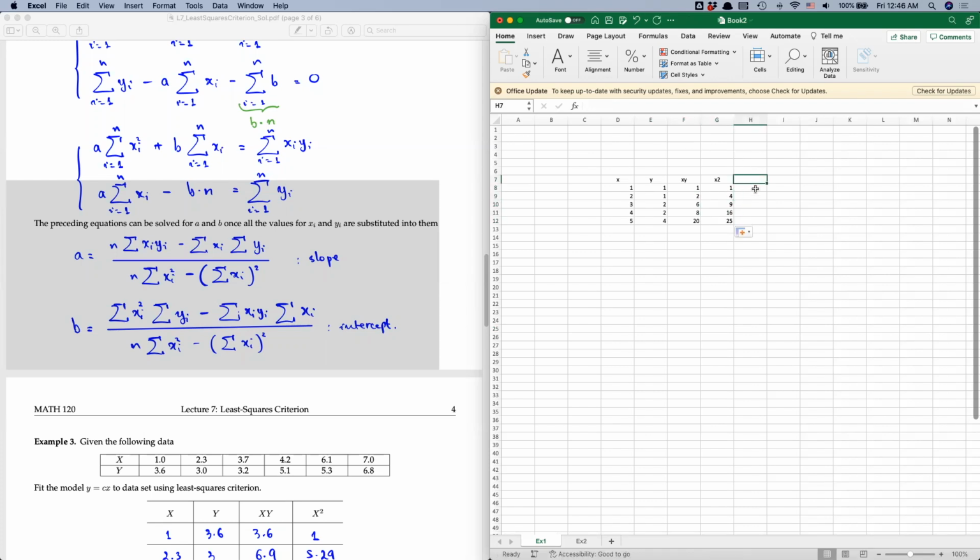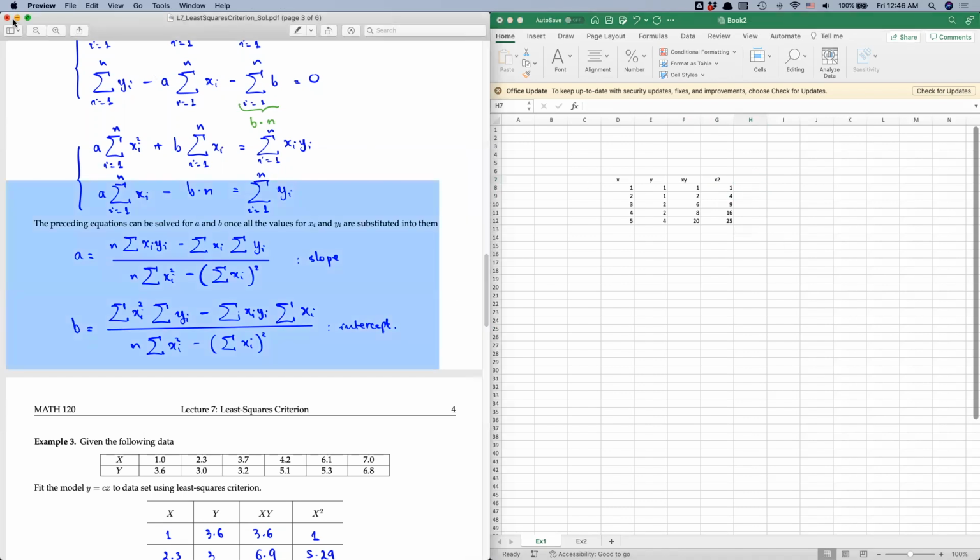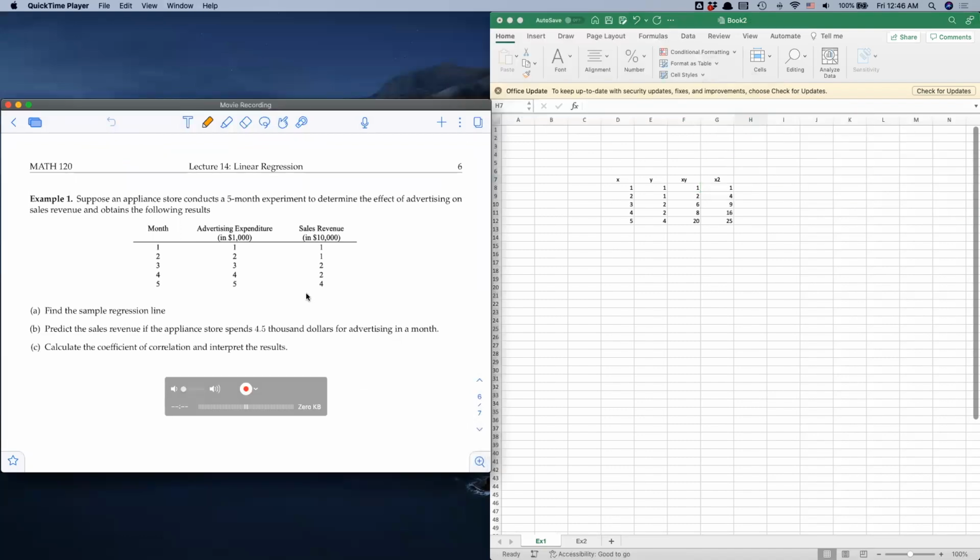And eventually I'm going to have to calculate something called y squared, because let me go back to the problem here. In the first part, I have to find the sample regression line. The second one is to predict the sale revenue if the appliance store spends $4.5 thousand for advertising in a month.